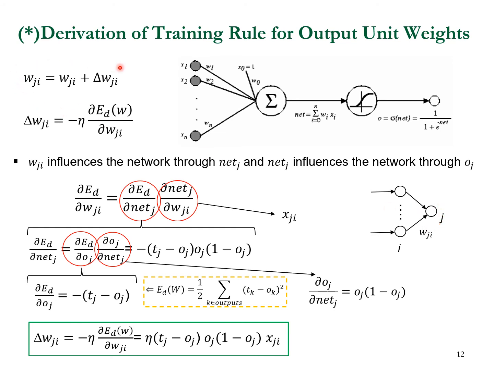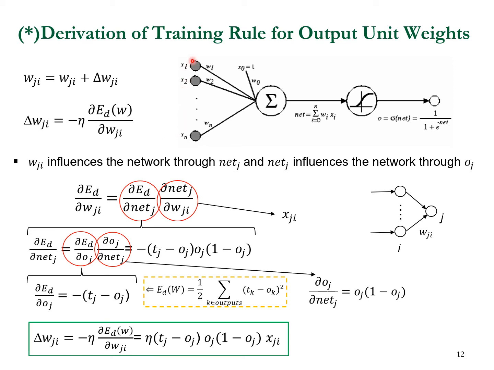Again, this is the definition of the gradient descent weight update rule. Delta w_i is like this, and this is a constant. Our goal is to compute the derivative of the error function. As a reminder, this is the structure of a single node.